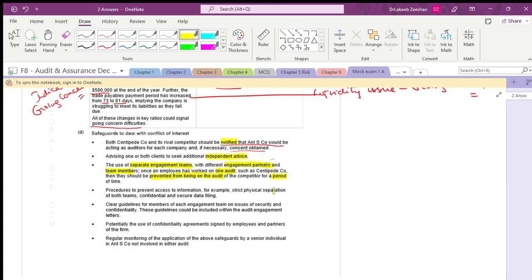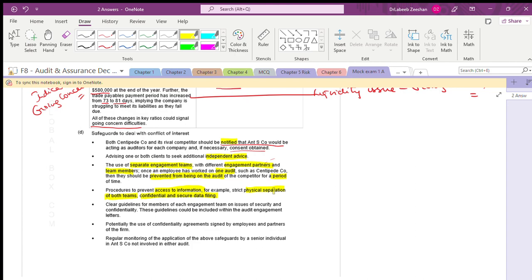They have to prevent access to information. This is where I think we got stuck that day. We have to have procedures to prevent access, for example strict physical separation of both teams, and confidential and secure data filing.